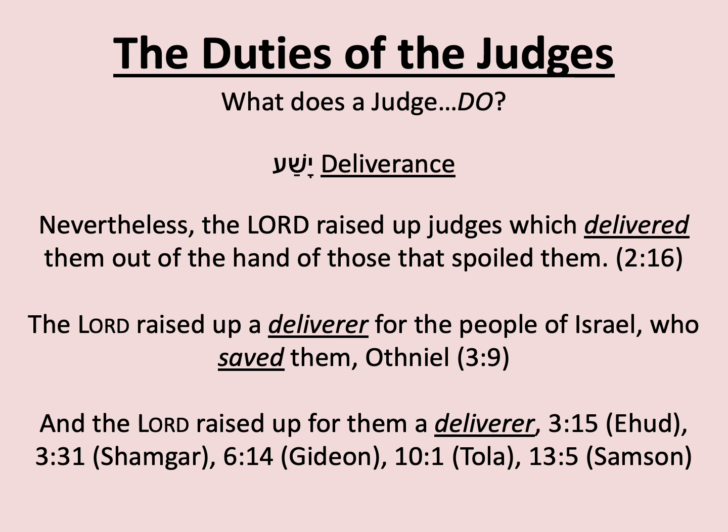Chapter 3, verse 15 with Ehud. Chapter 3, verse 31, Shamgar. Chapter 6, verse 14, Gideon. Tola in chapter 10, Samson in chapter 13, a deliverer. In fact, the word deliverer occurs more times in the book of Judges than even the word judge or judging or judges. So why don't we just call these people simply saviors?